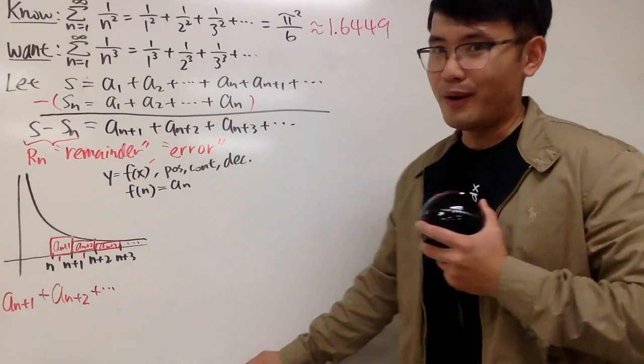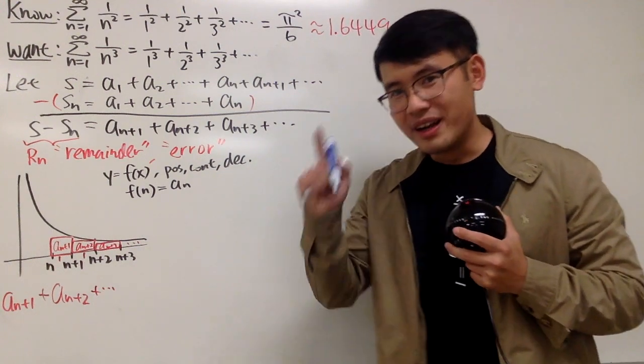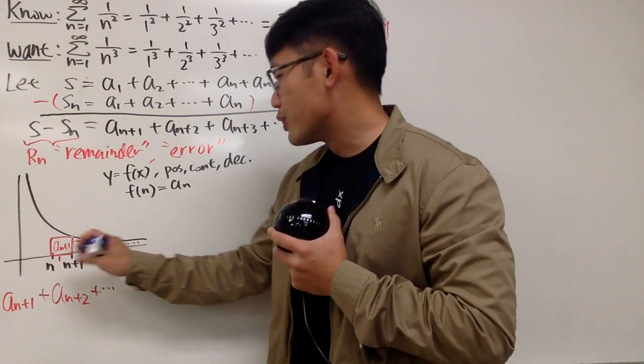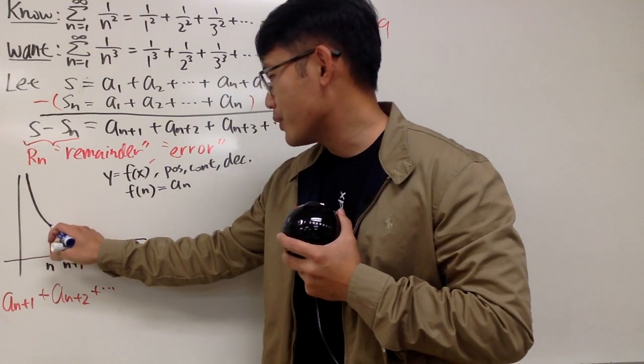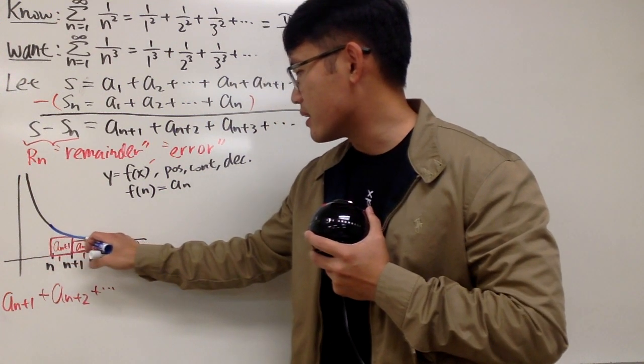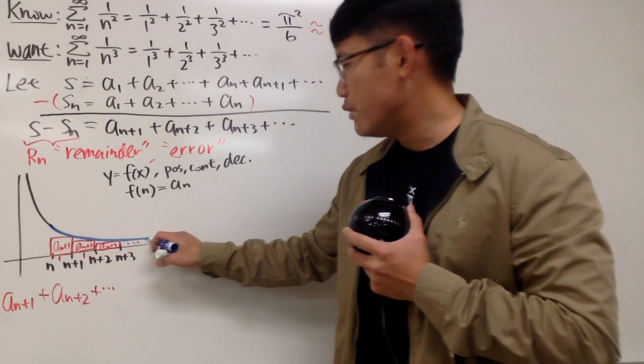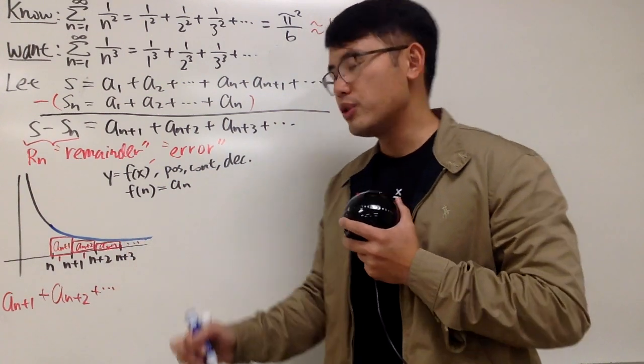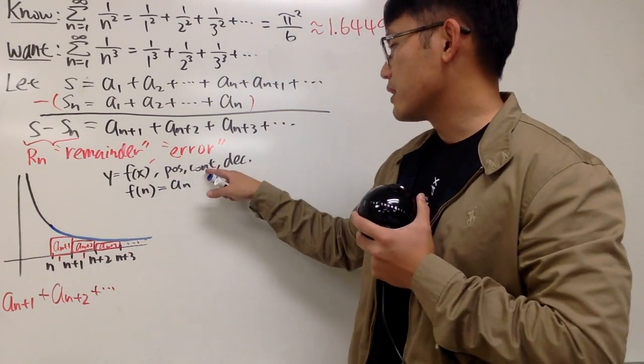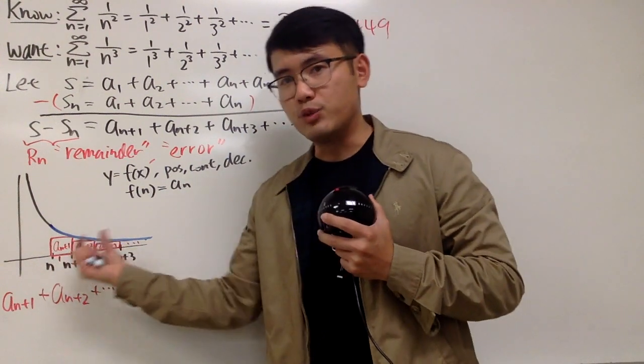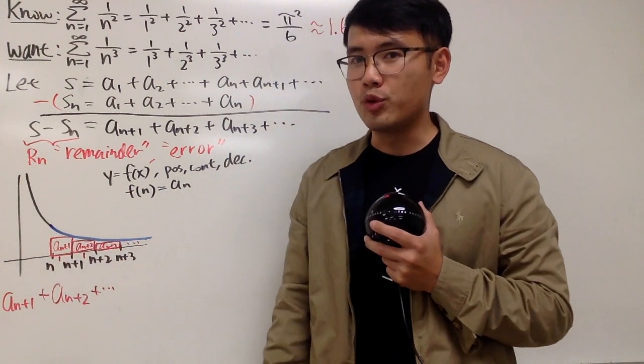Now, of course, this is the moment that we're waiting for, namely the integral. And to come up with the integral, of course, you are going to interpret this as the area under the curve. And remember, for these arguments to work, be sure that the function is positive, continuous, and decreasing so that these rectangles will behave the way that we want them to.